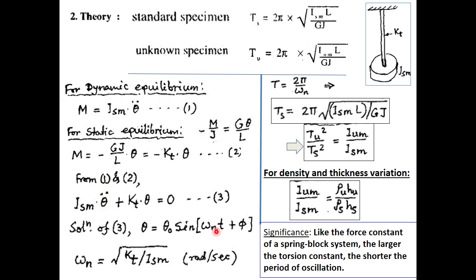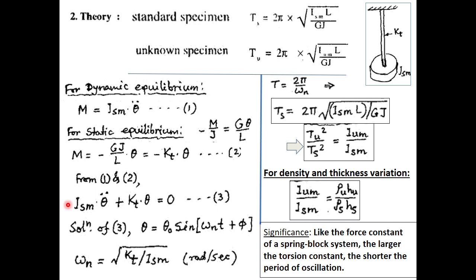After the first derivative, we get omega n as a constant, omega n theta 0, and the sine becomes cos. Another derivative gives omega n square theta 0, and cos becomes sine again, and a negative sign comes. So here we are getting a negative omega n square.